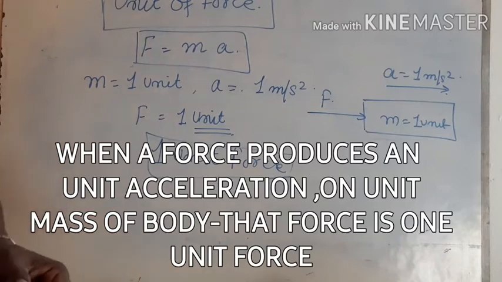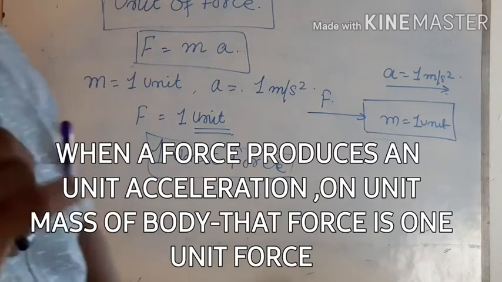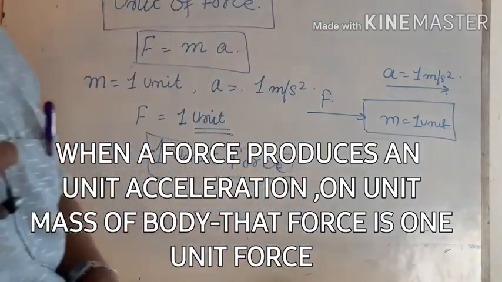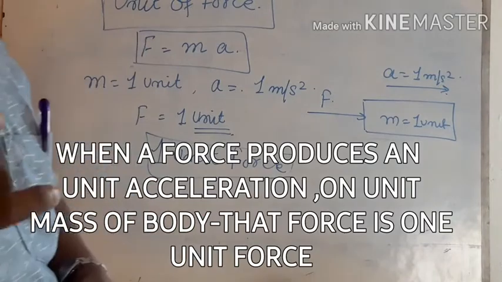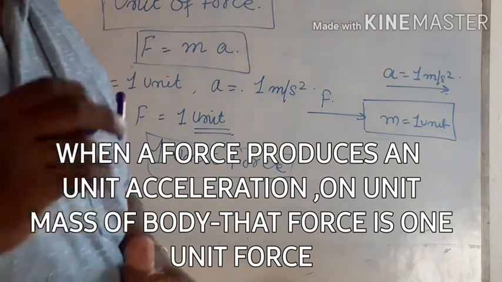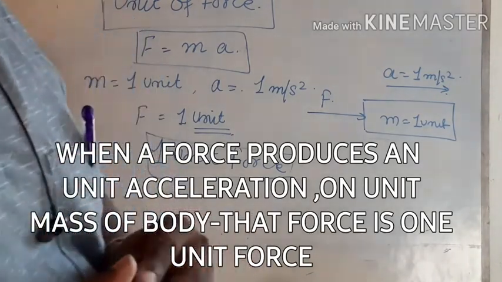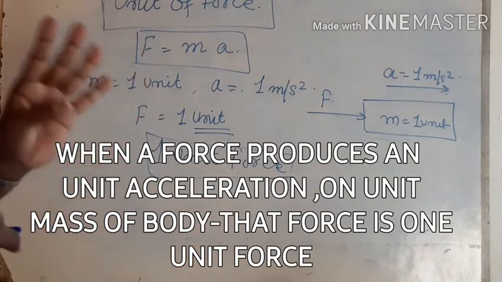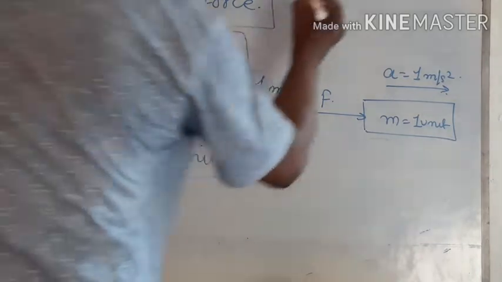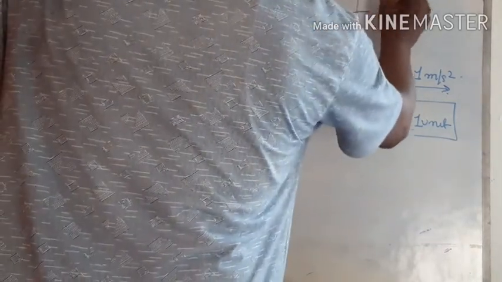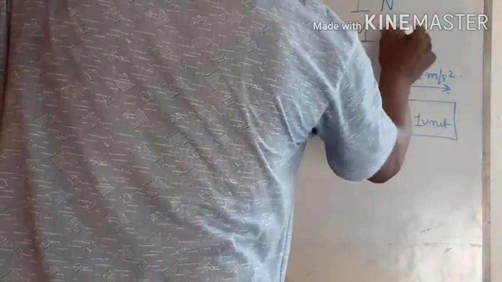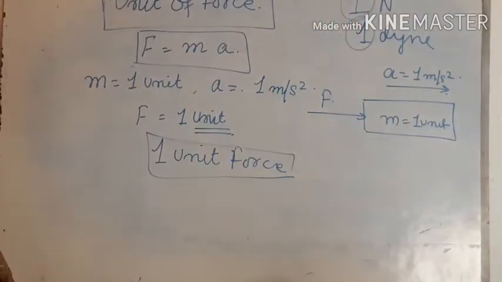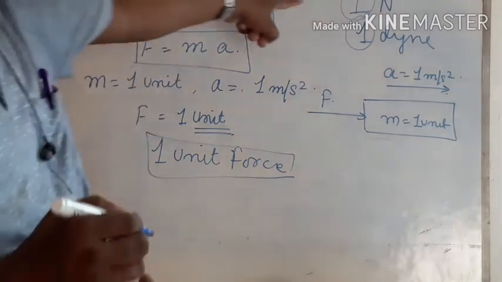Again I am repeating, one unit force is that force which acts on a body of unit mass and produces an acceleration of unity. That is called one unit force. Means when I say 1 Newton or 1 dyne, this is one unit of force.